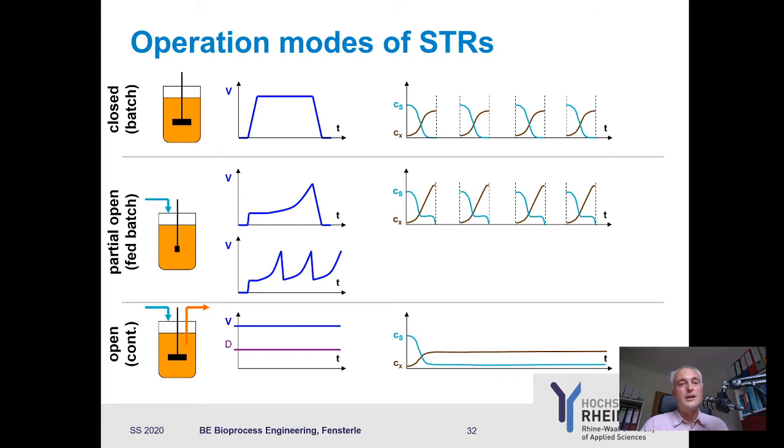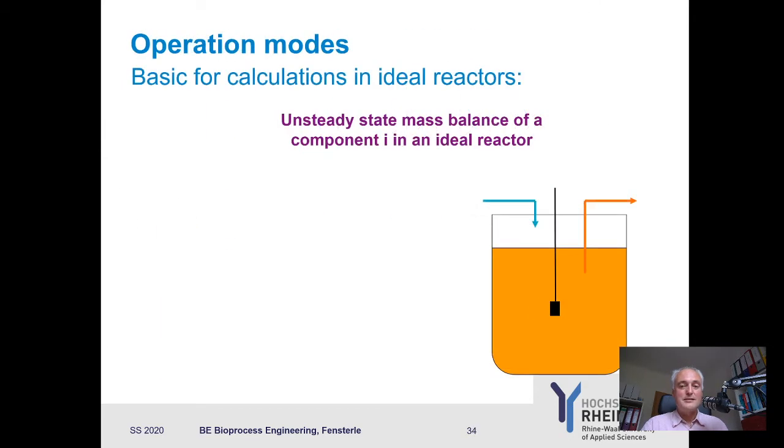In other words, how can we balance these operation modes? The basis for the calculation in an ideal reactor is simply an unsteady state mass balance of a component i in an ideal reactor. So in other words, in words, how can you balance that?